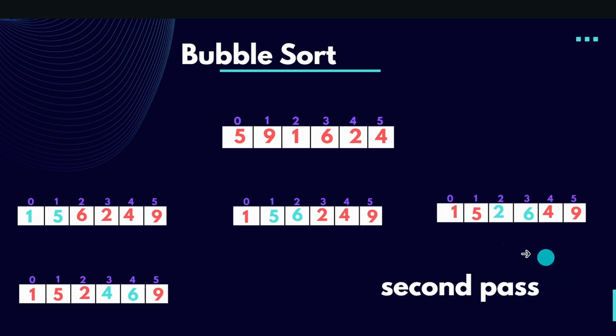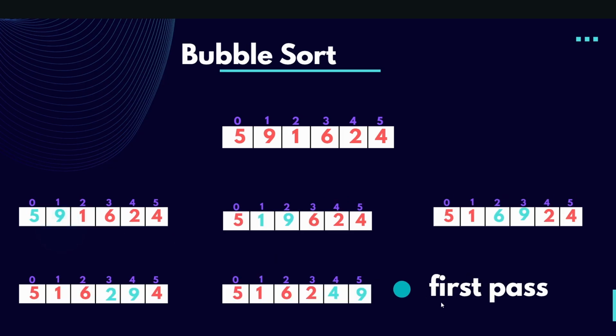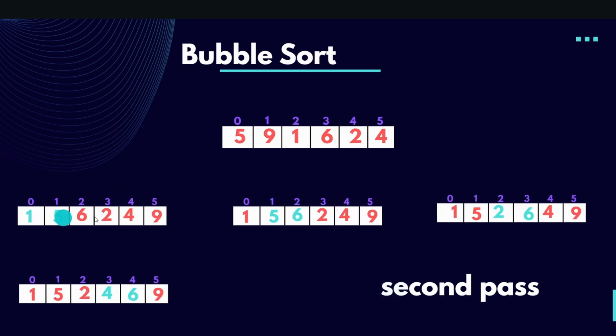Now the second pass. As we have stopped in this situation, the largest element is at the last of the array. After that, again we need to start comparing the first two elements. So 5 and 1, we need to compare both of them and swap, because 5 is greater than 1. That is swapped. Next 5 and 6 will be compared, so no problem.